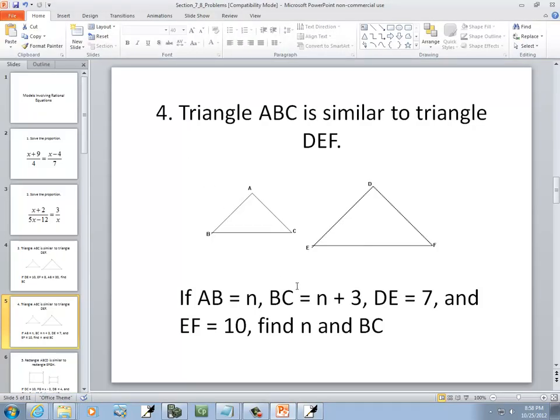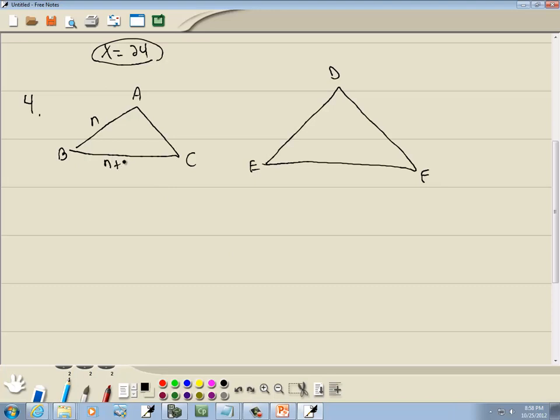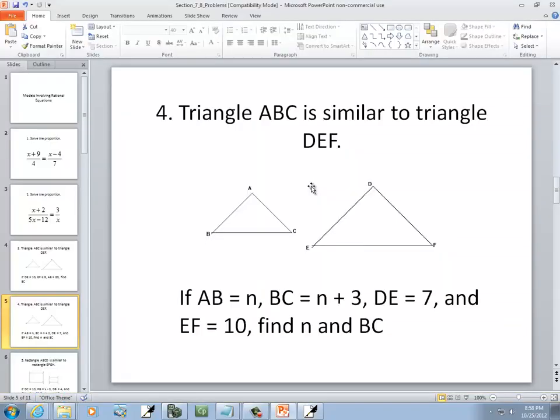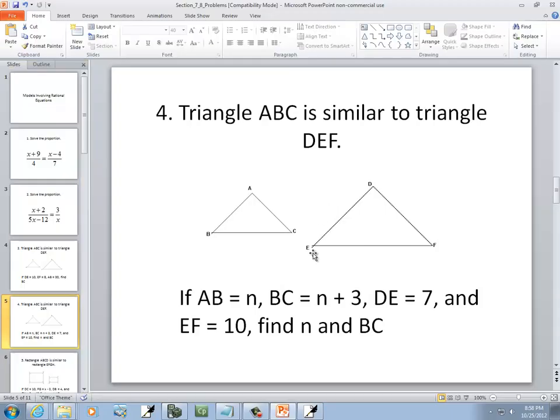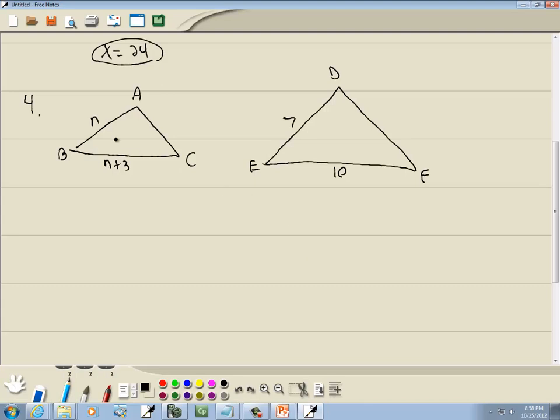BC is equal to n plus 3. DE is equal to 7. And EF is equal to 10. It says find n and then find BC.